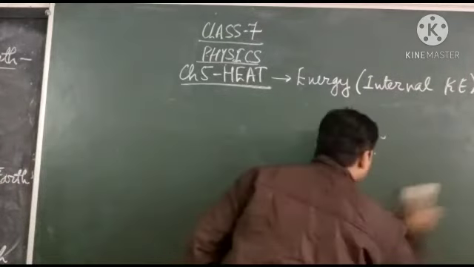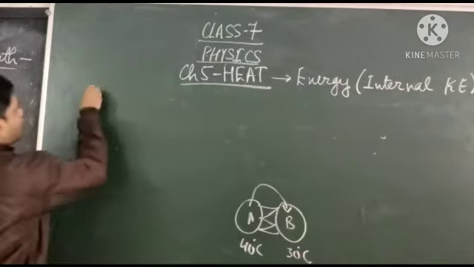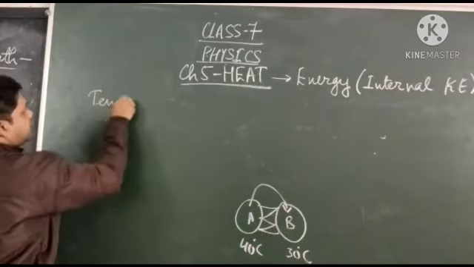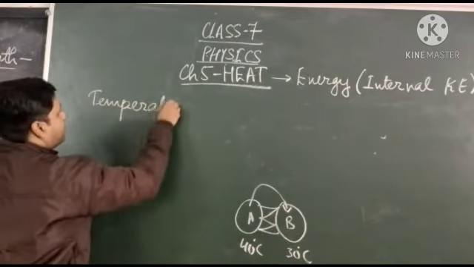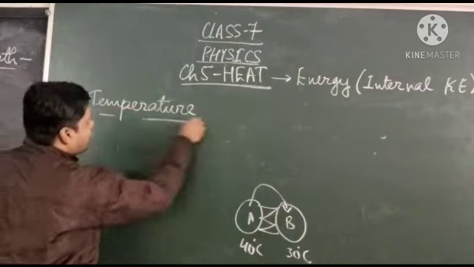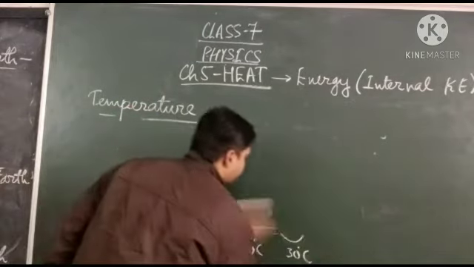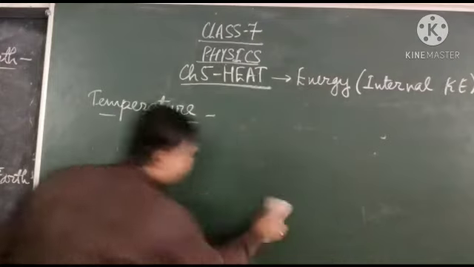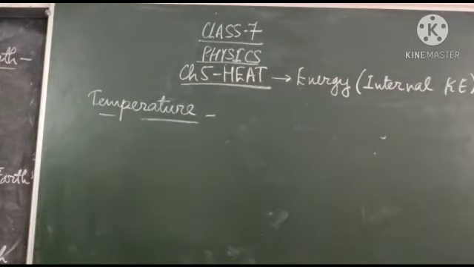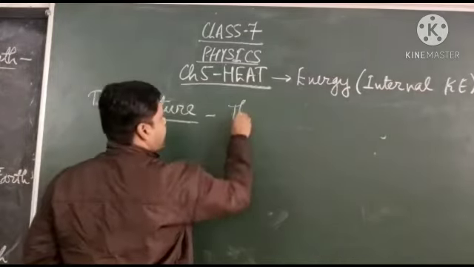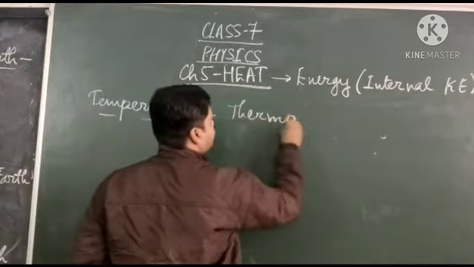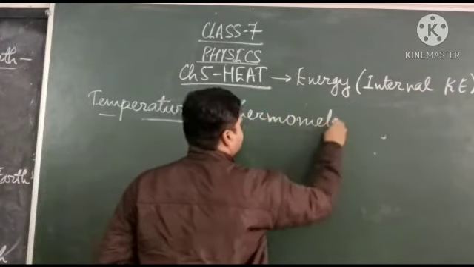We have discussed temperature. So, what was temperature? Temperature was the degree of hotness and coldness of an object. If we are discussing the measurement of temperature, then a thermometer is a device by which we measure the temperature.